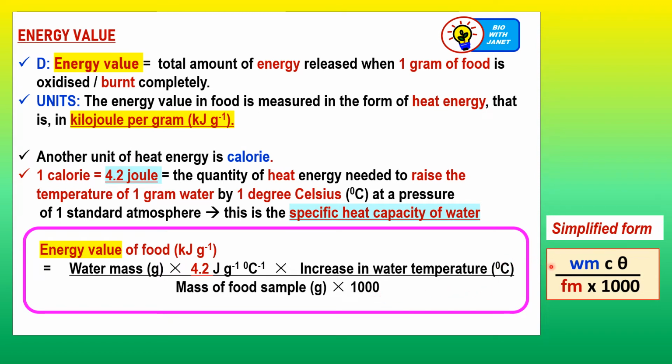The short form of this formula is WM, which stands for water mass, times C, which is the specific heat capacity of water, and the value is 4.2, times the increase in water temperature, which is the final temperature minus the initial temperature, then divided by FM, the food mass, and the whole thing is divided by 1000 to convert it from joules to kilojoules.